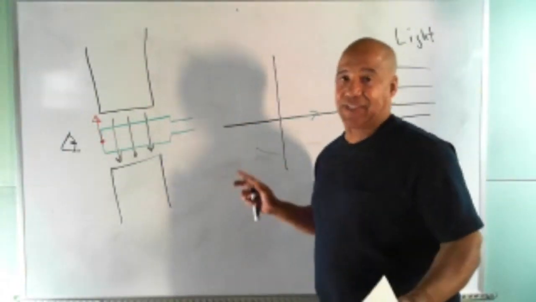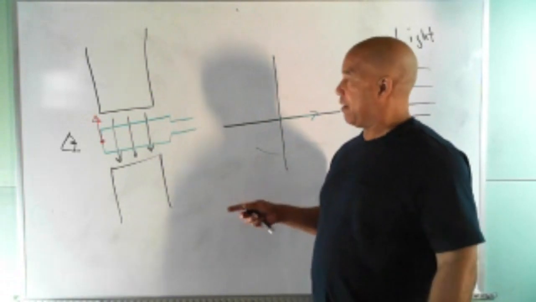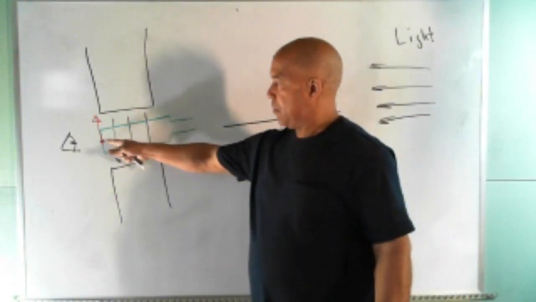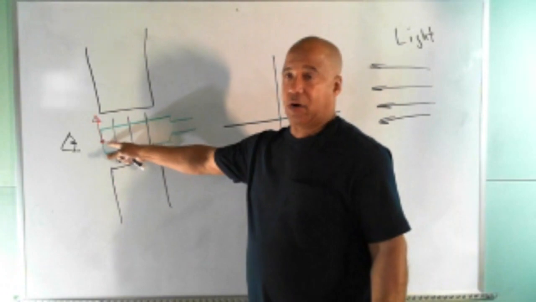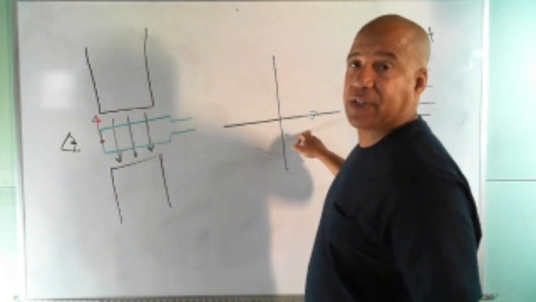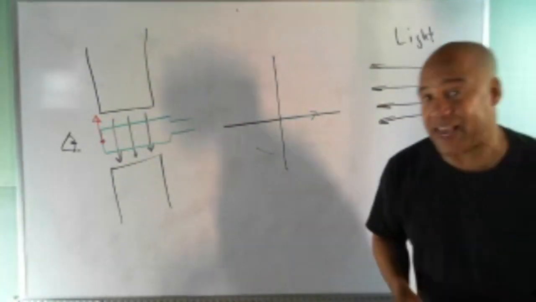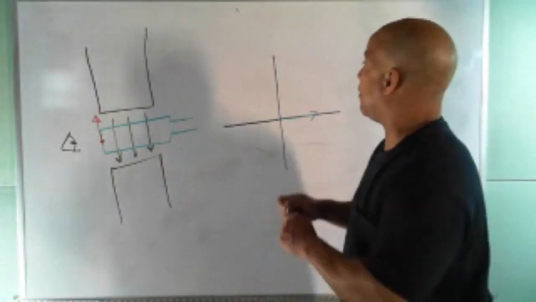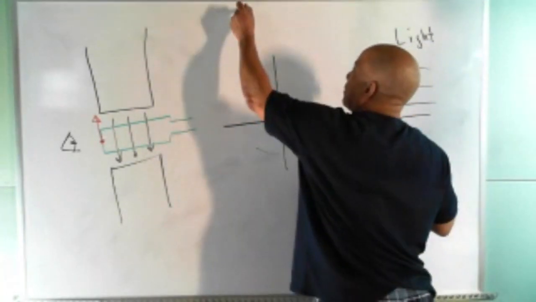Now, this actually has a name. I know it's kind of weird because I put an arrow on this coil, but when I move it to an XY coordinate system, that arrow has a name. It's called a phasor. So now we're getting into some math.